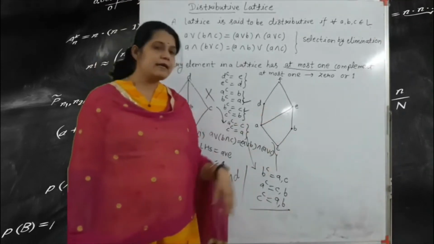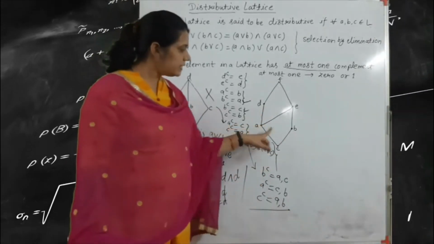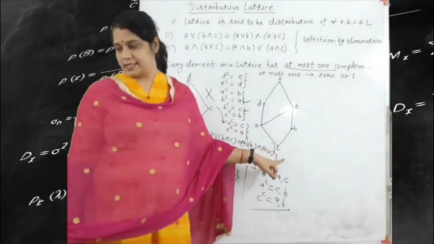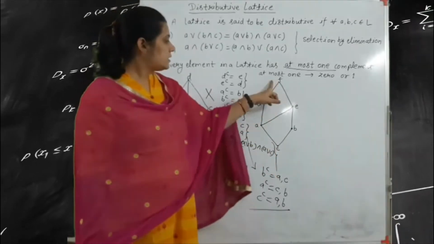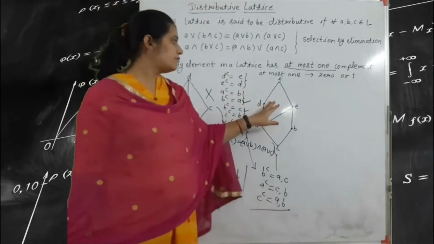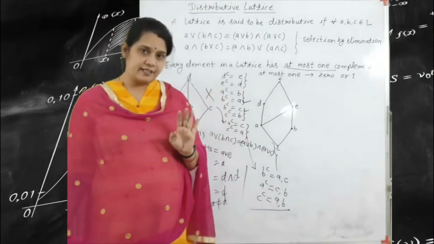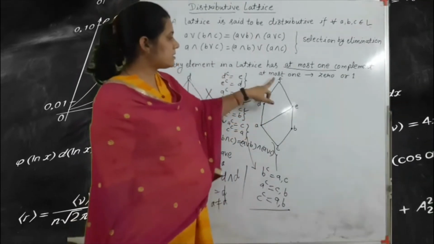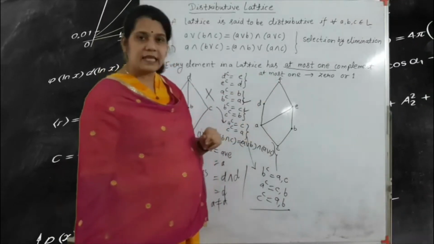Okay, next example: we are given A, B, C and D, E, F. According to this diagram, we use only the ideas. Here there is a single top and a single bottom.